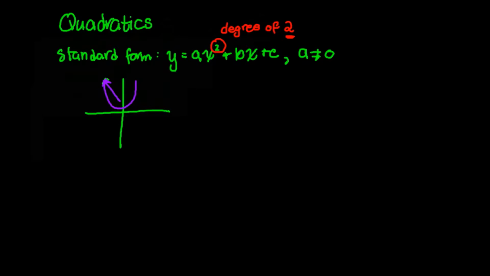Is that they have a certain look to them, and they are in fact curved. So this is what it looks like graphically, and we call this a parabola. They curve in a certain way. There's a lot of different types of curves that we will eventually learn about, but this one is called a parabola.